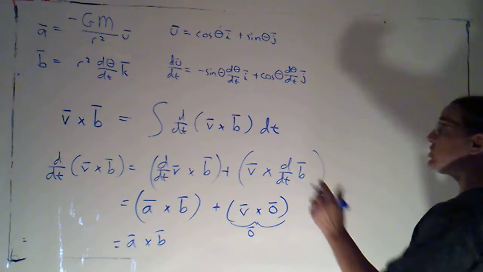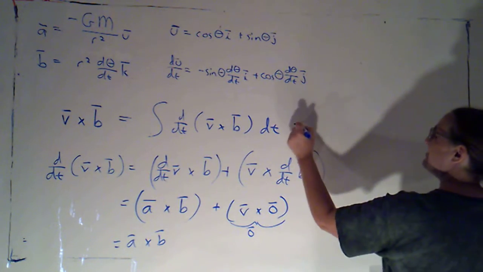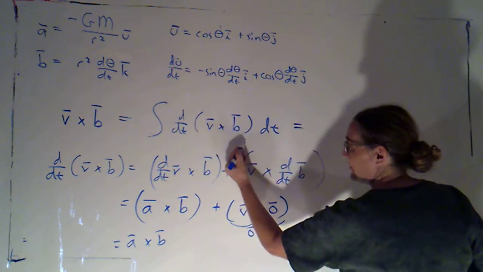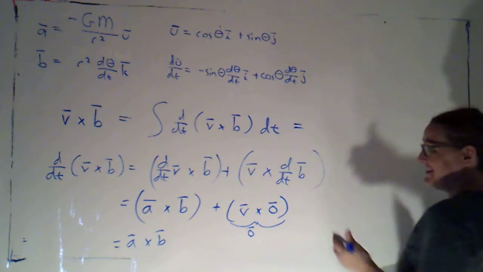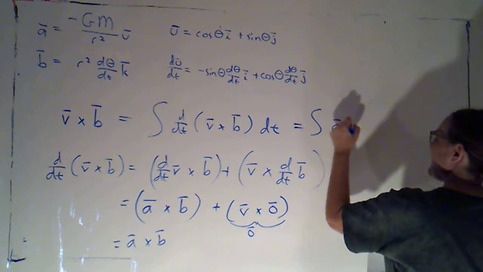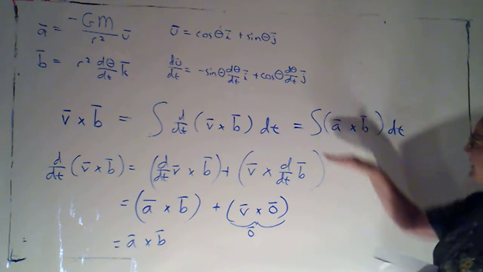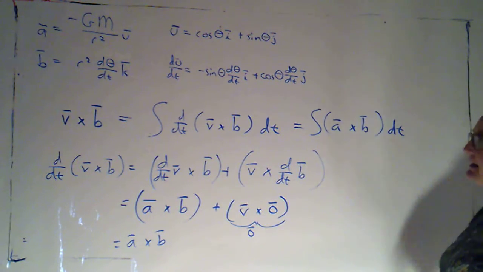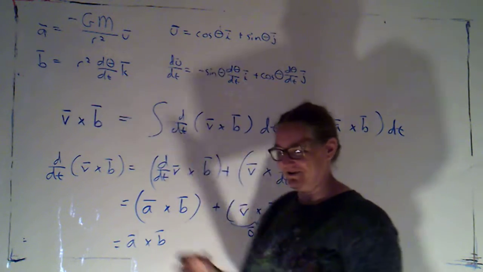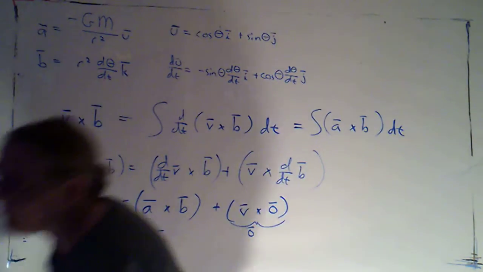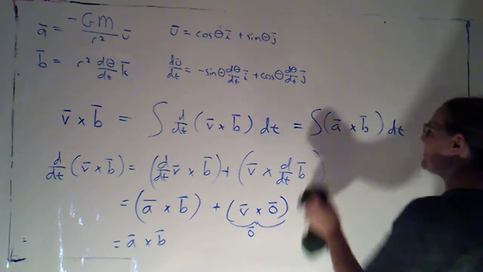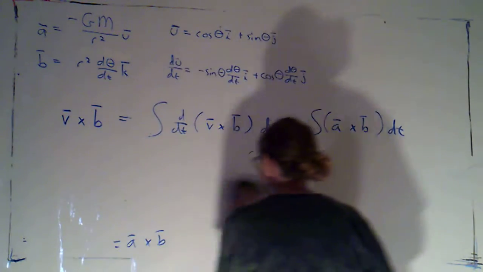Okay. So I can say that this derivative here, which is what we're now going to integrate, is a crossed with b. So we're integrating a cross b dt in order to get a new characterization for v crossed with b. All right, clearing some space.